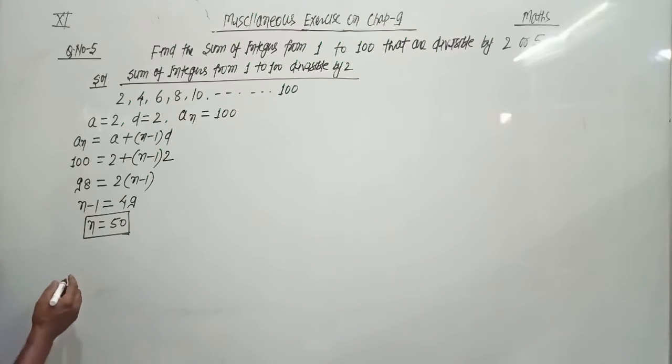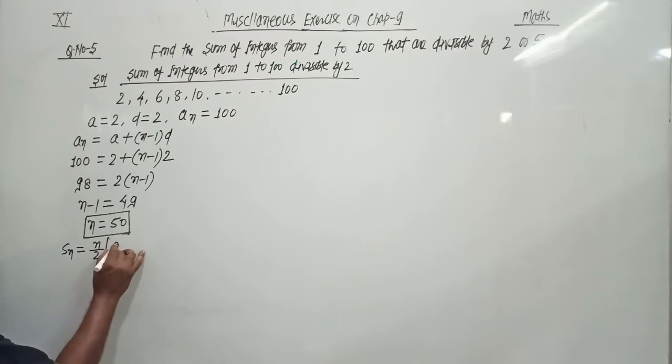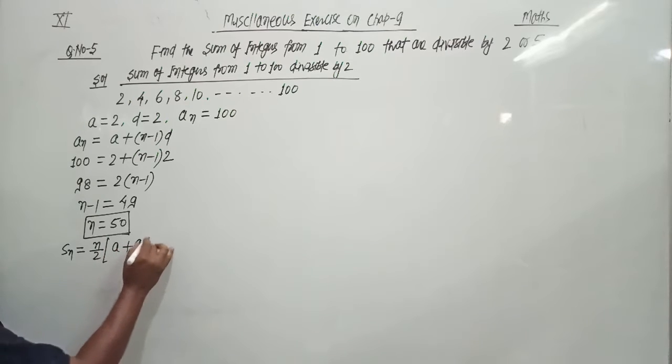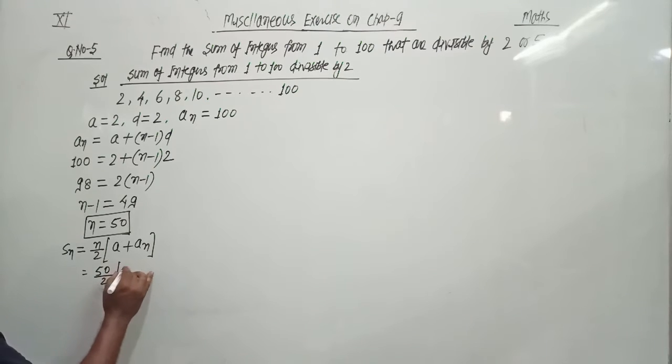Now we find the sum. Sn equals n by 2 into a plus an, first term plus last term. The total number of terms is 50 by 2, the first term is 2 and the last term is 100.